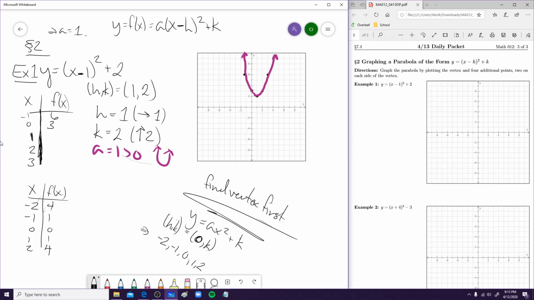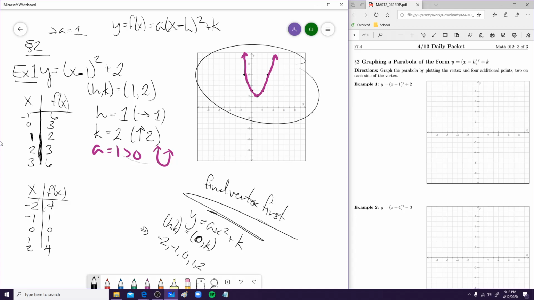When we plug in 1, we get 0. 0 plus 2 is 2. And then over here, 2 minus 1 is 1. 1 squared is 1. 1 plus 2 is 3. And then 3 minus 1 is 2. 2 squared is 4. And then 6. And as you can see, we have 2 and 3, and then 4 and 6. Right?